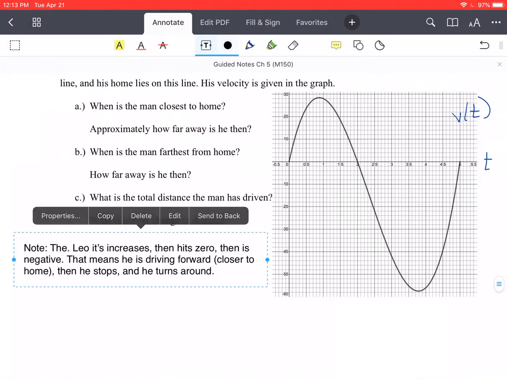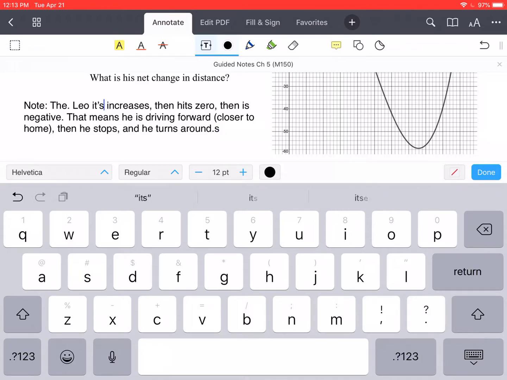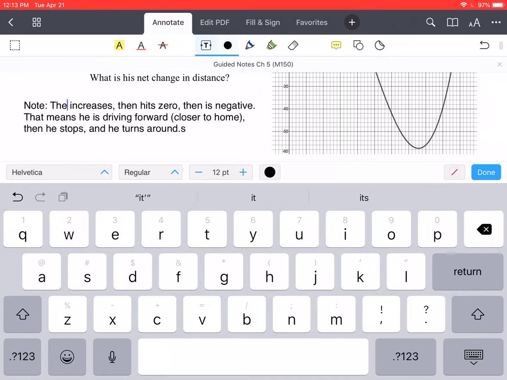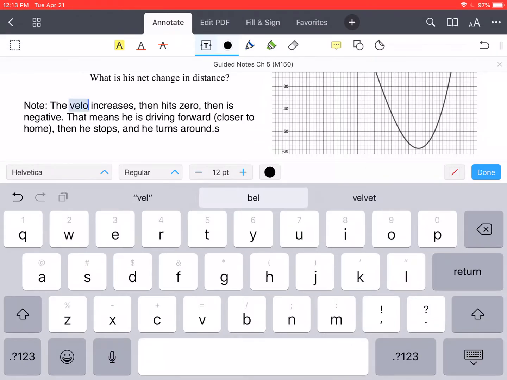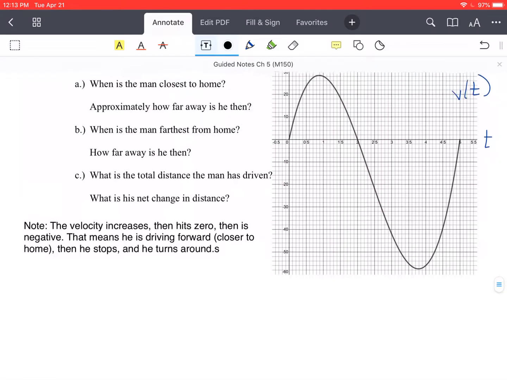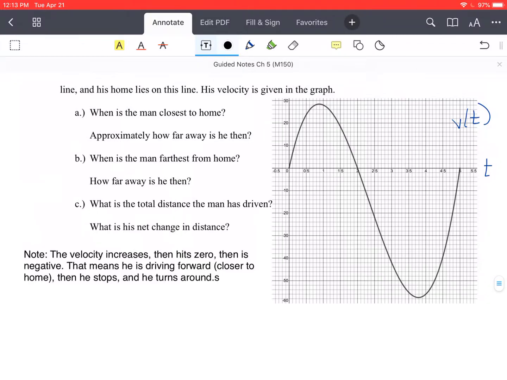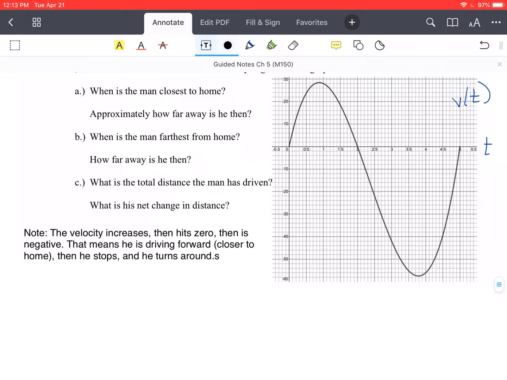Velocity is positive, and then it hits 0, which means he stops, and then he turns around after that and is heading in the negative direction.